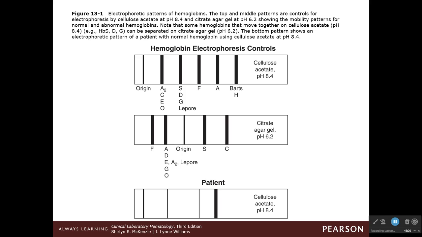Patient 1 has no A1 there. So we know that this patient's abnormal. That's all I need you to know.